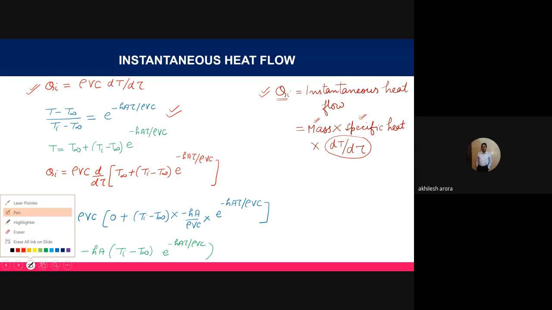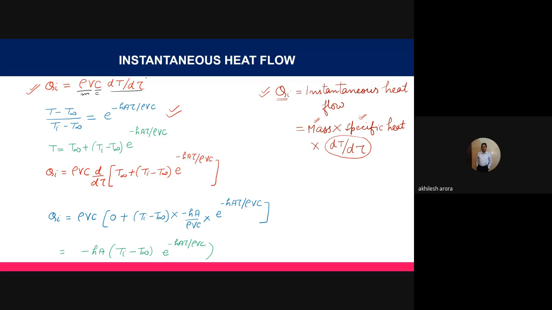If you see the first equation carefully, what I have written is rho V, which stands for the mass, and c stands for the specific heat. So rho into V becomes m, into c, into dT by d tau. This is the rate of change of temperature with respect to time, and the multiplication of these three things will give us the instantaneous heat flow.